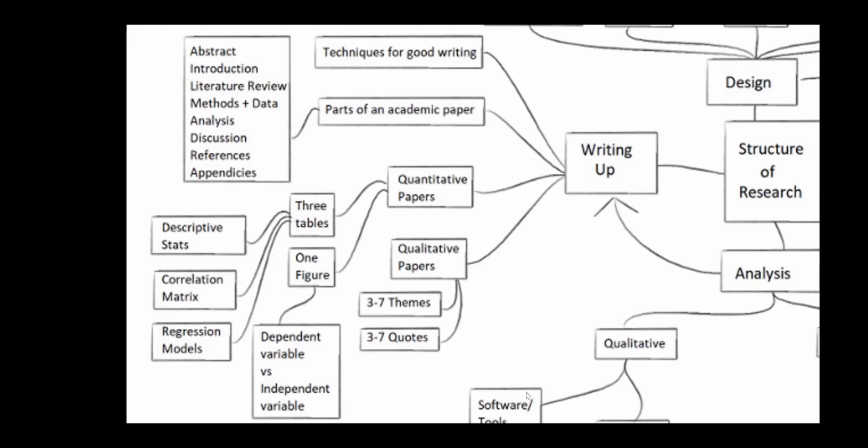In the last week before you do presentations, I'm going to teach you a full class on how to write academic articles, but actually we're going to learn this throughout the semester. Techniques for good writing, what the different parts of an academic paper are, how you do a quantitative paper well, how you do a qualitative paper well. We'll learn about all those things. Won't go into it now, but it's something to look forward to.